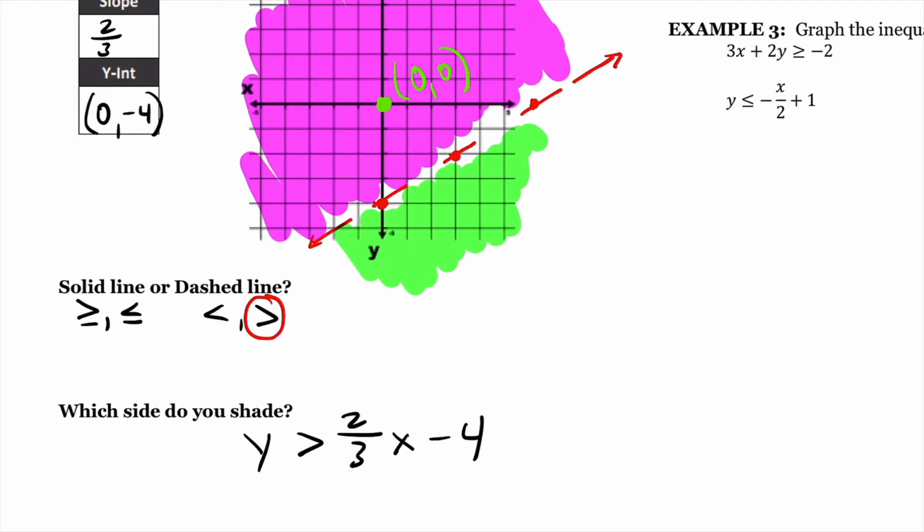And then I'm going to plug in the point that I picked. I picked 0, 0. So everywhere I see an x, I'm going to put 0. Everywhere I see a y, I'm going to put 0. So it's going to look like this. 0 less than 2/3 times 0 minus 4.